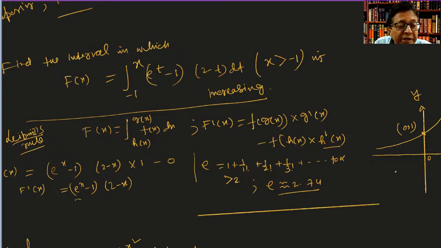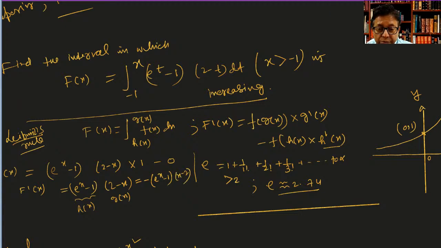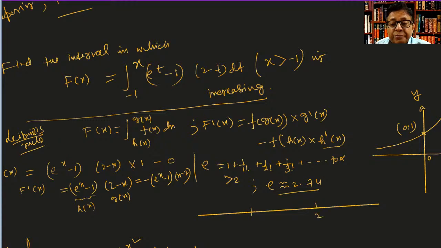Two functions are there. This is say h(x) and this is g(x). For increasing function, this product has to be greater than 0. If you take minus sign outside, e to the power x minus 1, x minus 2. This will vanish at 1 and this one at 2. Okay? Before 1, this part is negative. This part is also negative.